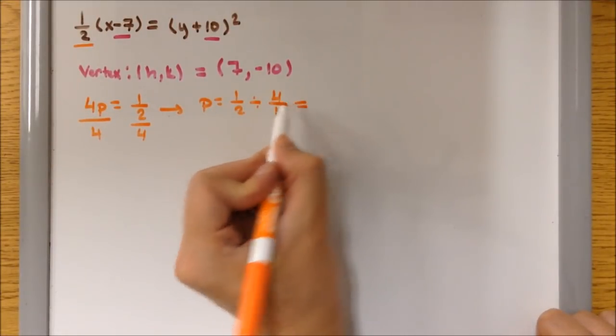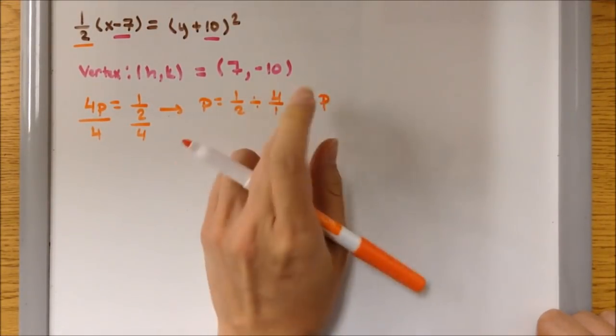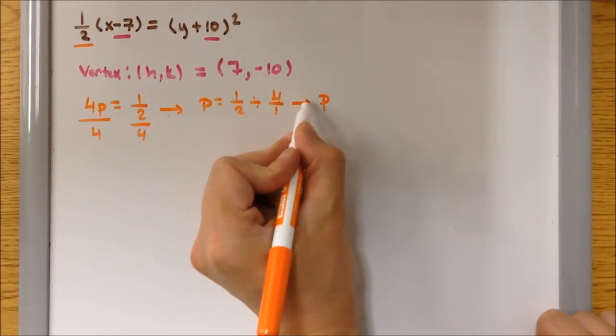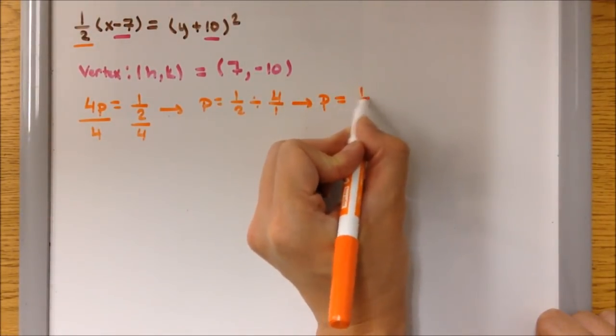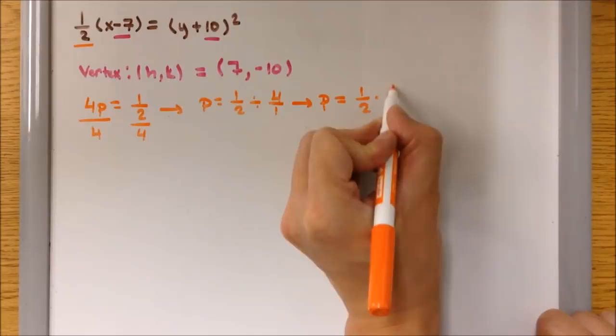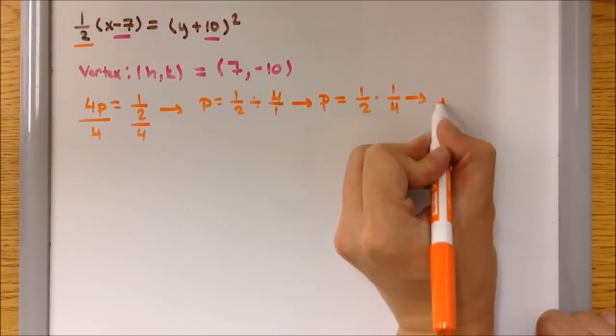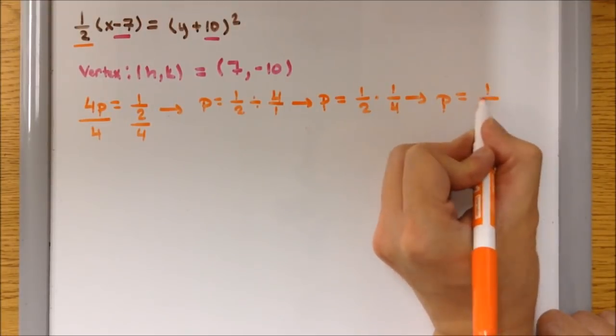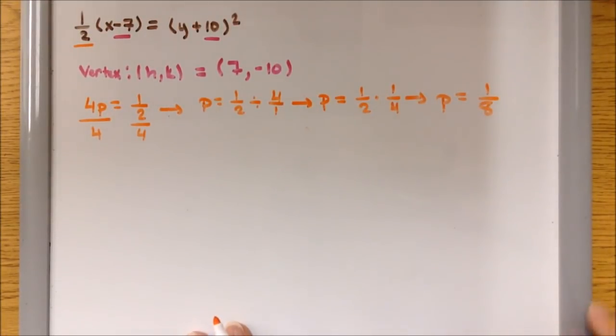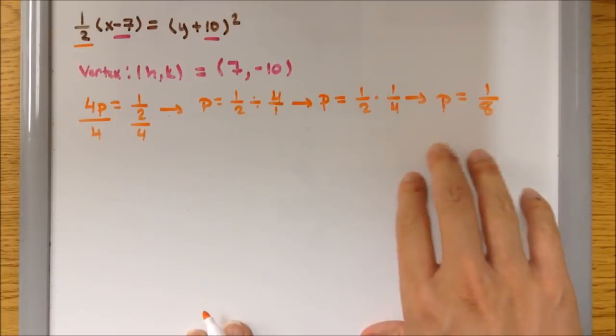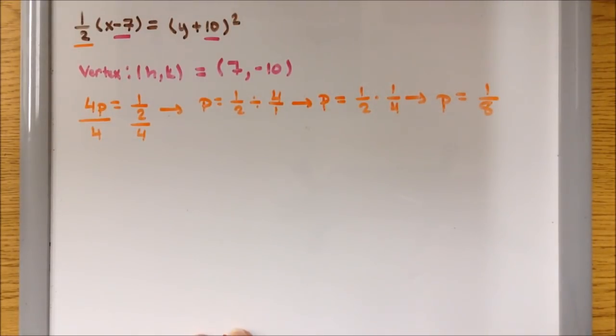So I'm going to change that to multiplication of fractions. p is equal to 1/2 times 1/4. So therefore, p will equal 1/8. Make sure you remember how to work with fractions when it comes to division and multiplication.